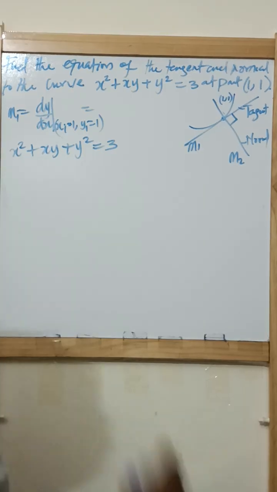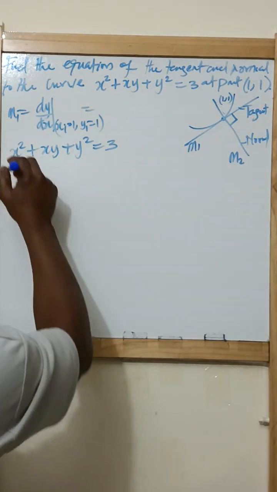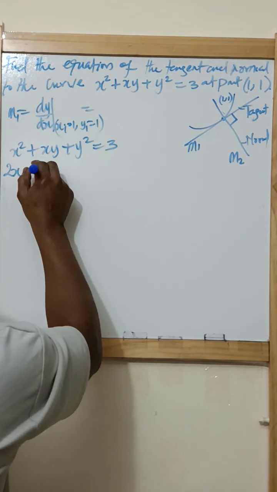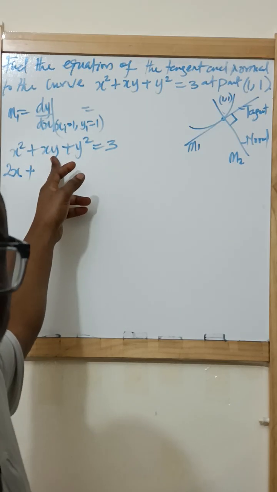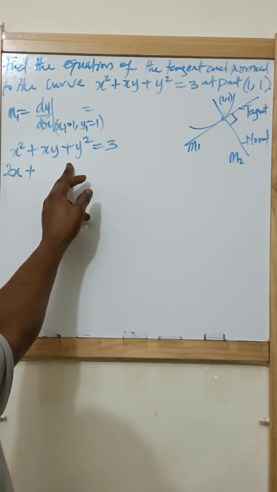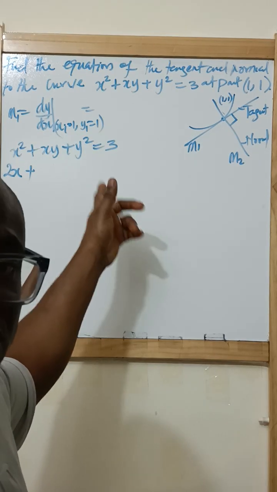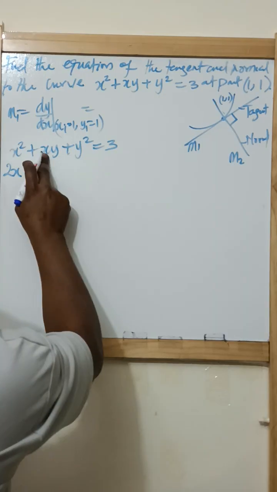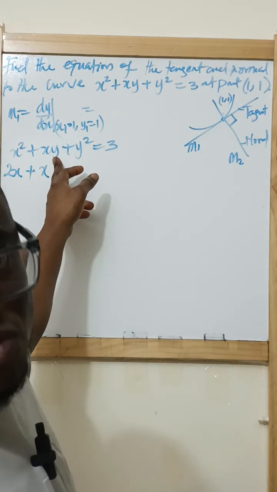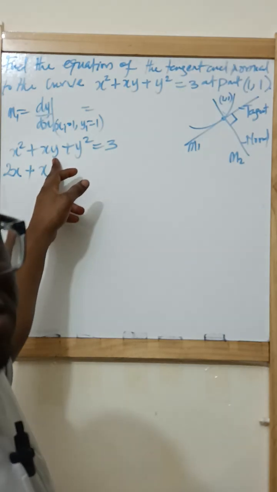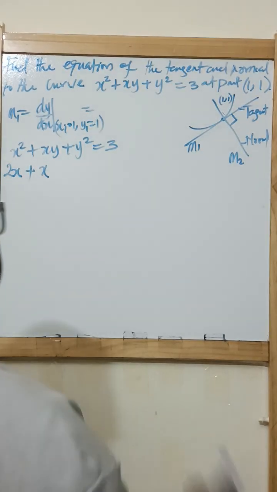So you differentiate this one, that will be 2x. Then differentiate this. Now this involves two functions, right? One is x, the other is y, so we have to use the product rule. We keep the first one, which is x, and differentiate y. When you are differentiating y, you attach the dy/dx to it.